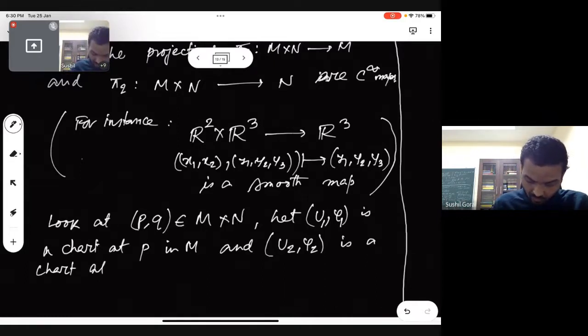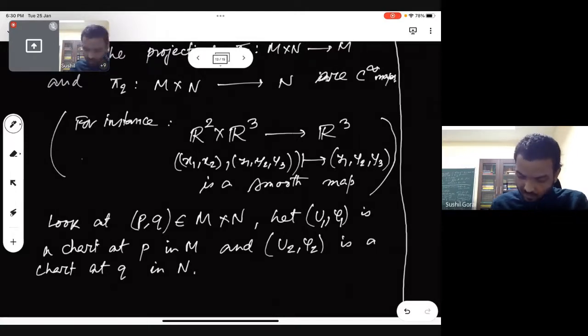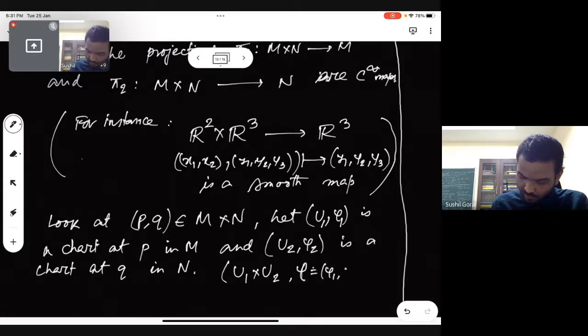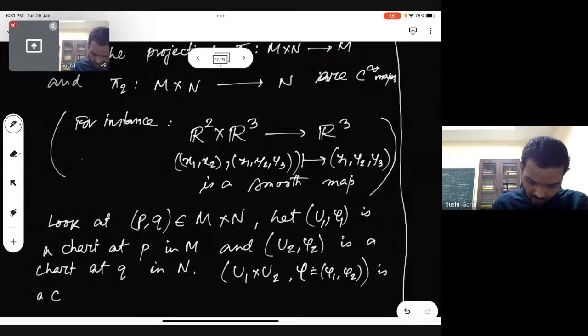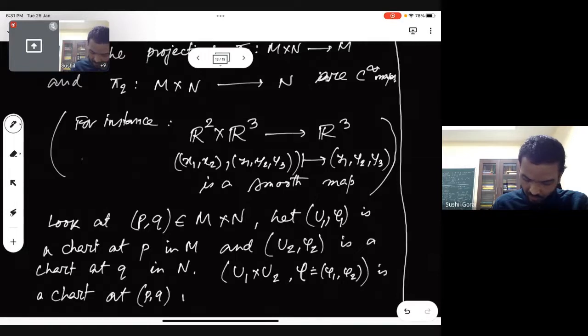Now, by the previous observation, U1 cross U2 with phi, which is (phi1, phi2), is a chart at (p, q) in M cross N.